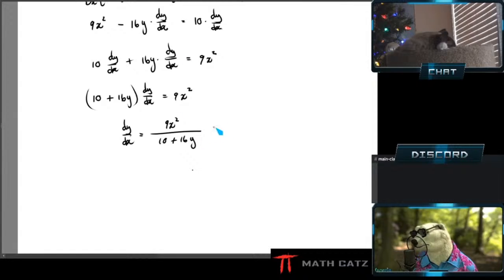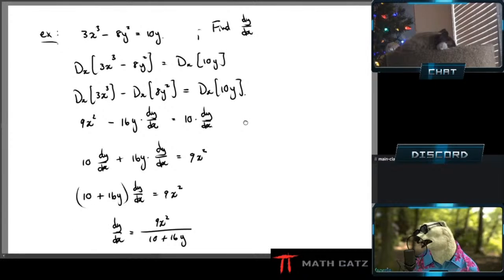And really, whenever my derivative depends on both x's and y's, the original one was not a simple function. And even if it was a simple function, implicit differentiation is always going to work.